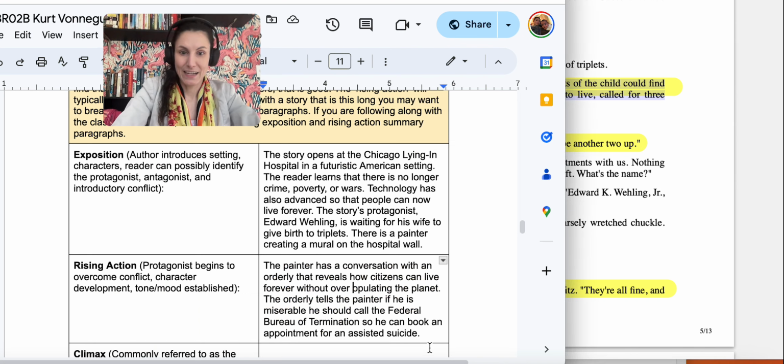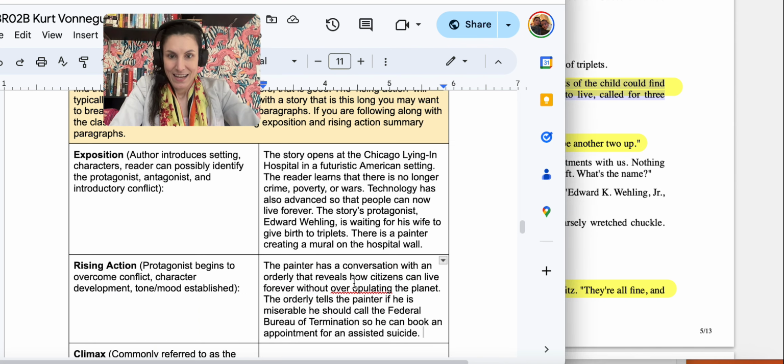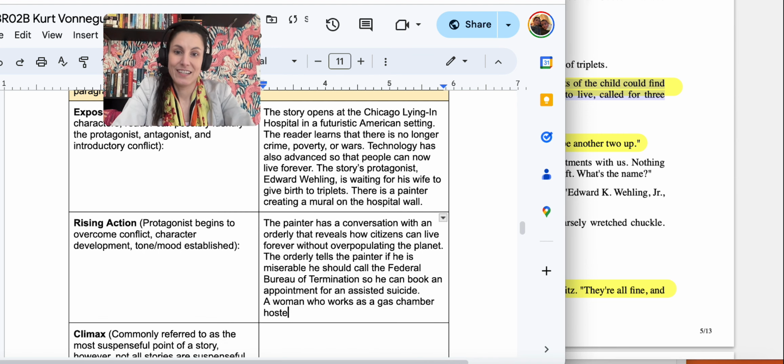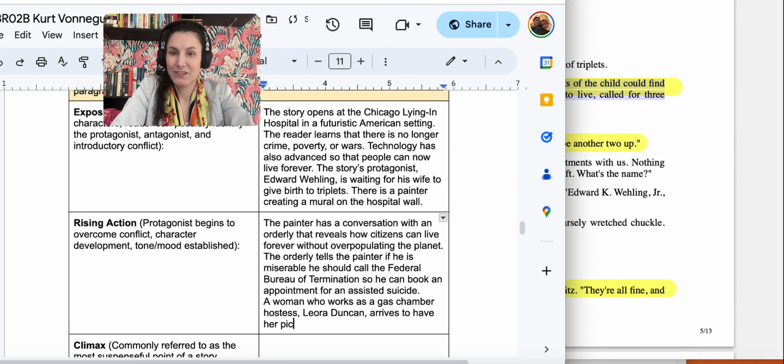I might even say, overpopulating. So I would say here, a woman who works as a gas chamber hostess, Leora Duncan, arrives to have her picture painted by the muralist.